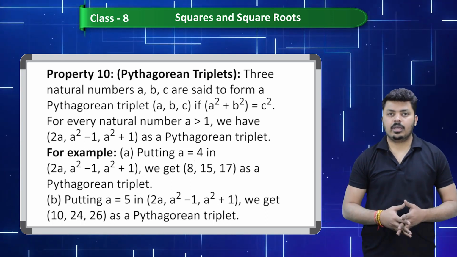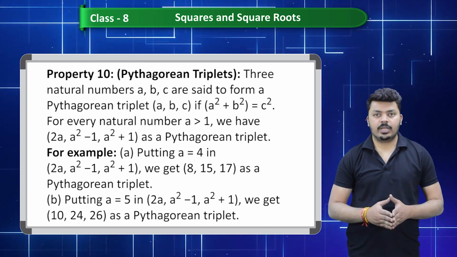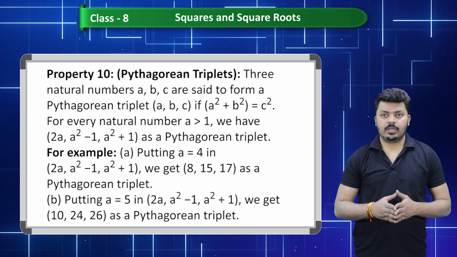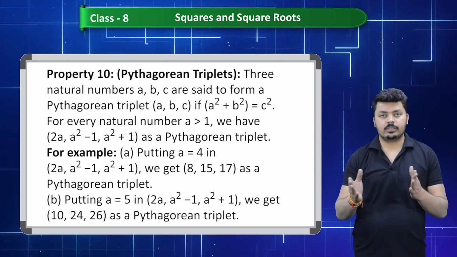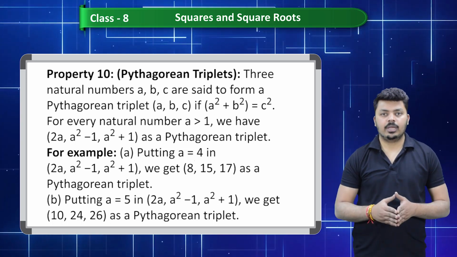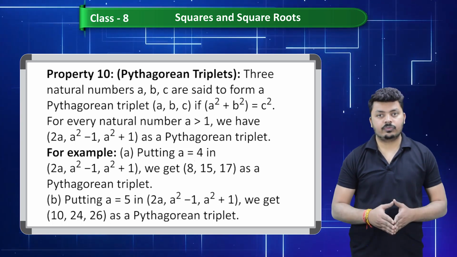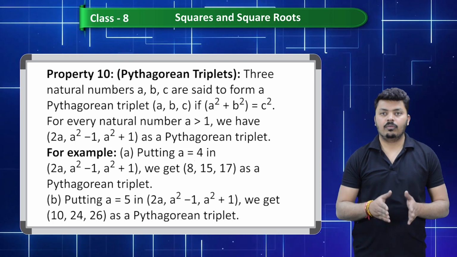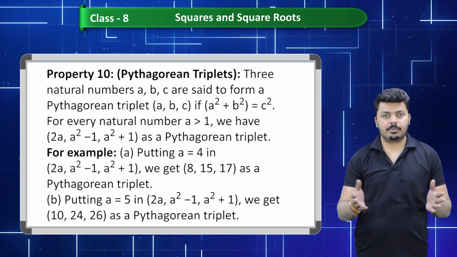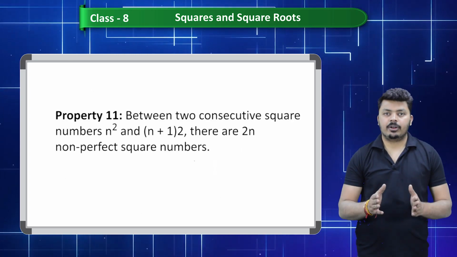For example, A. putting a equals 4 in 2a, a square minus 1, a square plus 1, we get 8, 15, 17 as a Pythagorean triplet. B. putting a equals 5, we get 10, 24, 26 as a Pythagorean triplet.